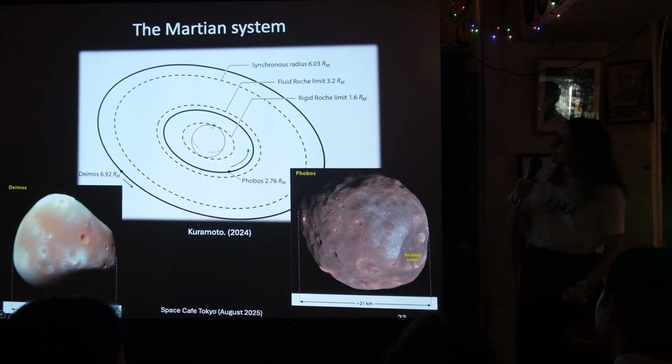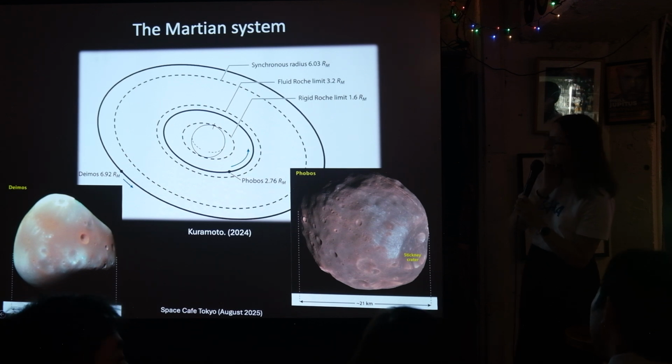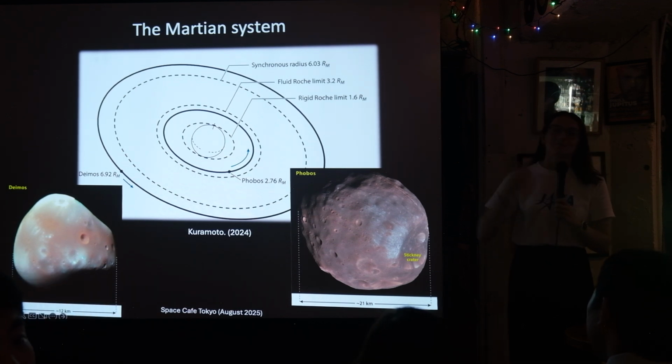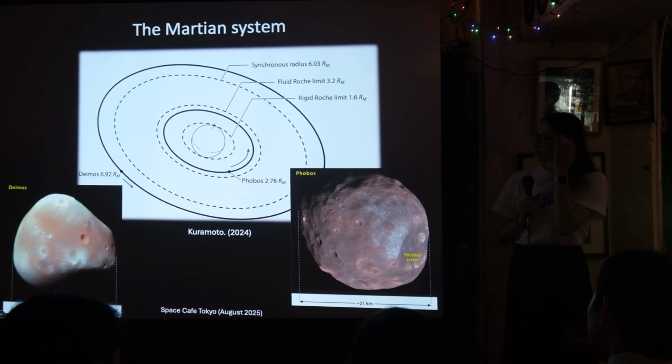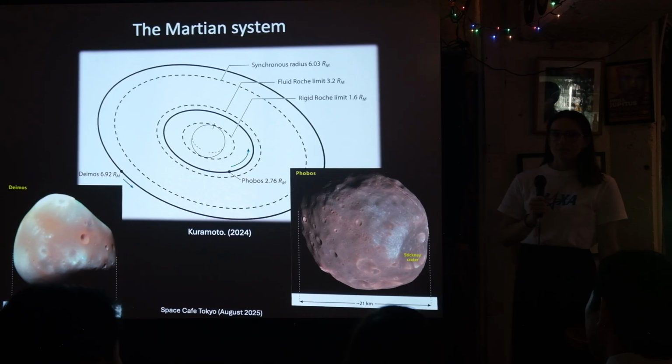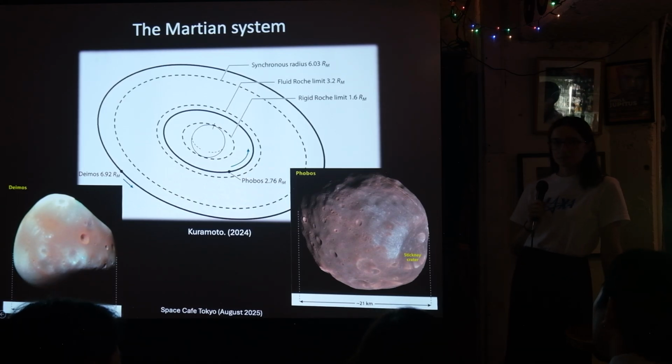I'm not sure. What I wanted to show here was the distance of the moons, but I'm not sure about the detail. I think it has to do with how well things deform, depending on how rigid they are. So the fluid Roche limit would be where things, as you say, start to fall apart for completely fluid bodies.